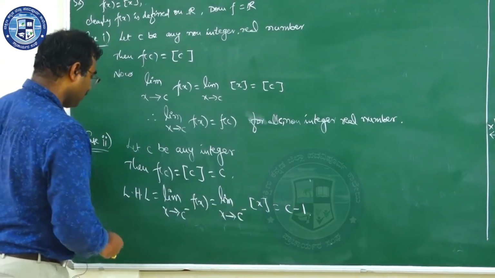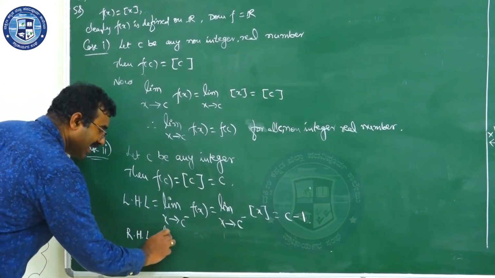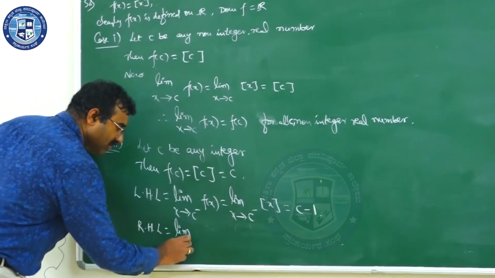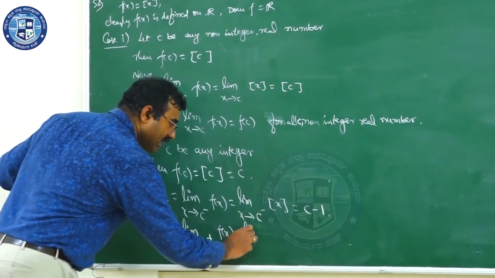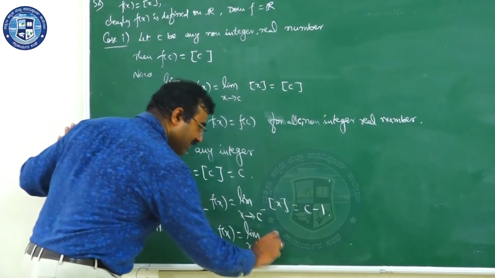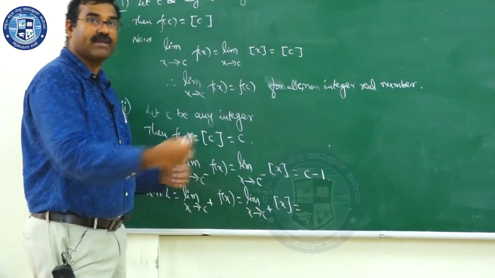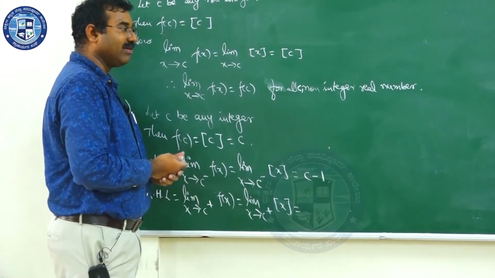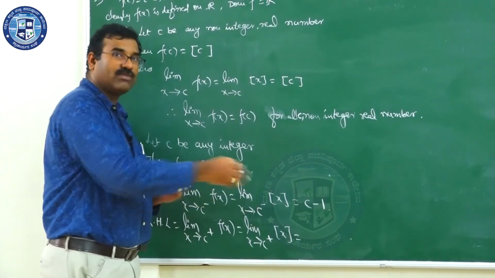And next, when you work out the RHL, the limit as x tends to c plus of f(x), so the limit as x tends to c plus of [x]. c plus means x is coming close to c from the right side. That means the value will be more than c, just more than c.